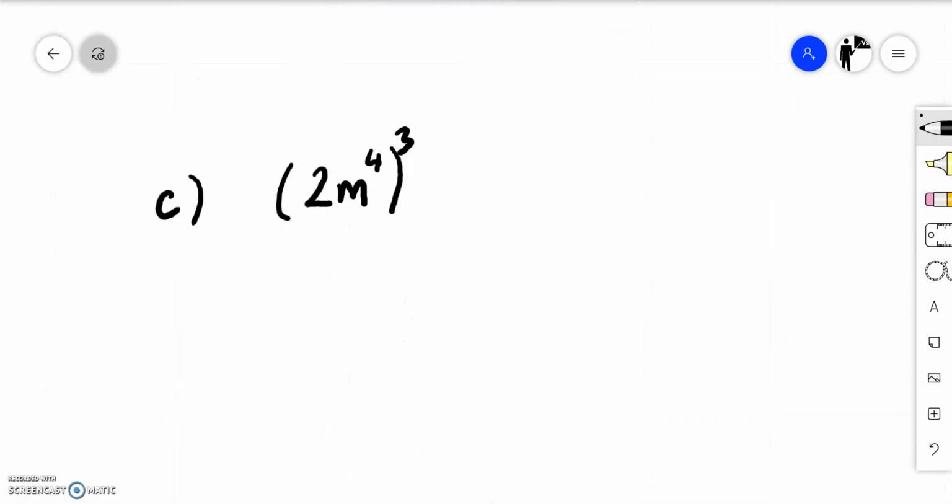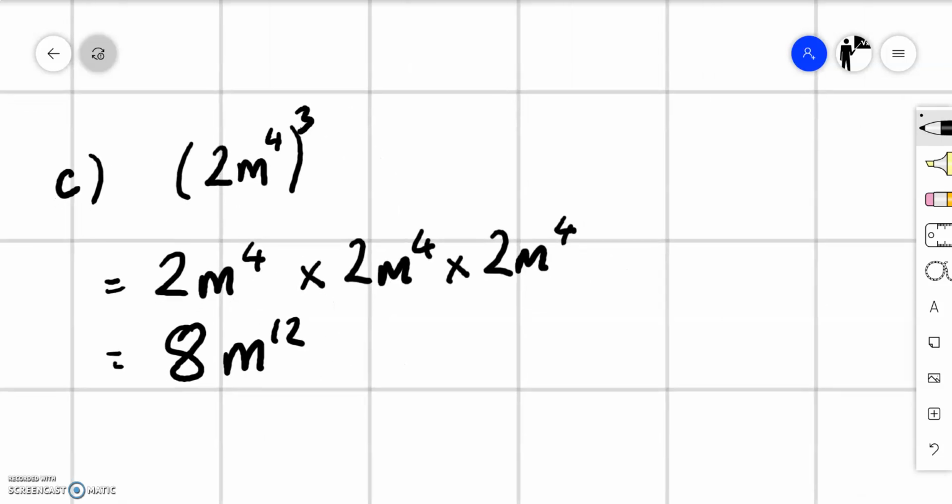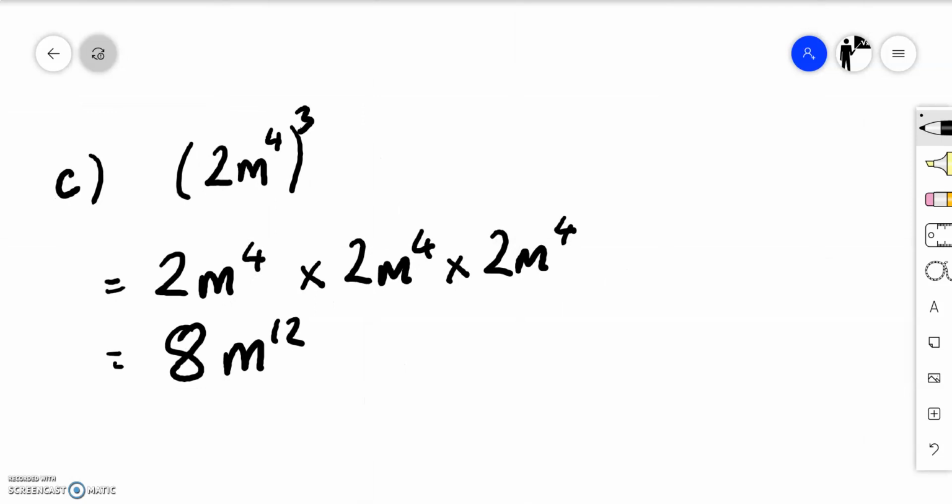I'm going to just show you something here. I'm going to write this out in full before applying the shortcut. So what does this mean? This means 2m to the 4 times 2m to the 4 times 2m to the 4. That is going to give us the answer of 2 times 2 is 4 times 2 is 8. We're going to get 8m to the power 12. Okay, I wrote it out in full here because a mistake that people make is they do this. They'll say it's 2m to the power 12, which is incorrect.